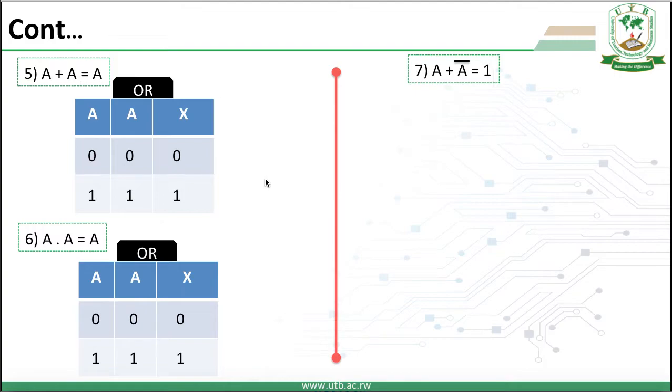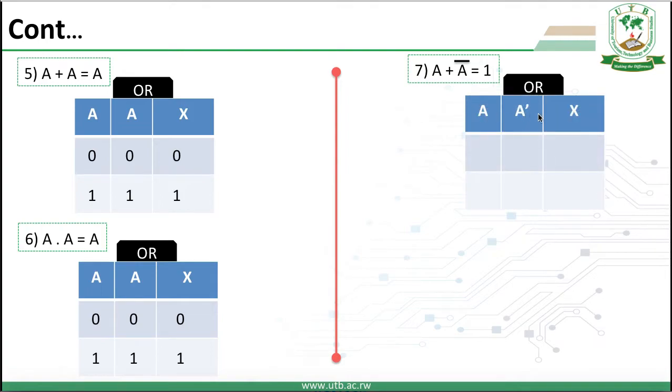A plus A complement equal to 1. Let's see how. Because of the plus, it is an OR between A and A apostrophe, which is the complement. We can write it as an over bar, as we were discussing in the rules, or we can use the apostrophe. Both are complement.